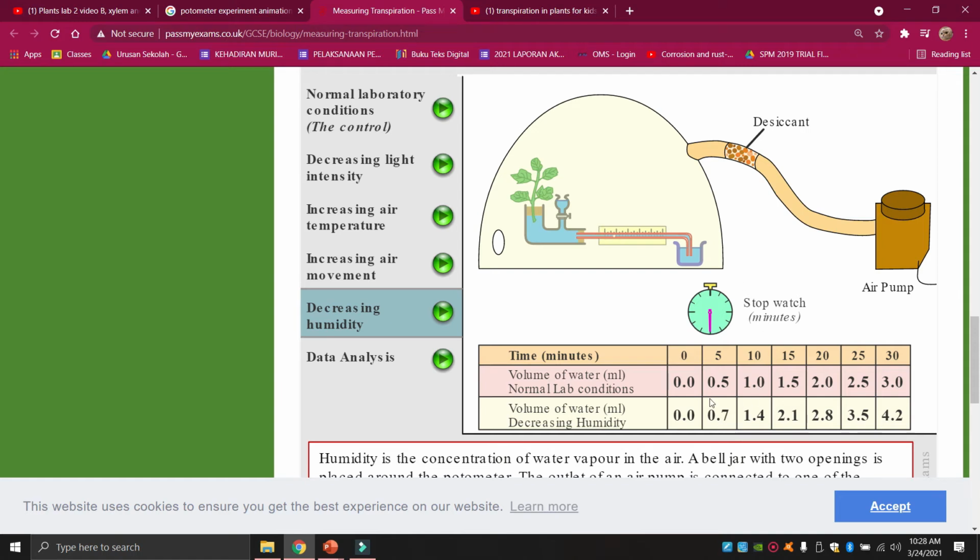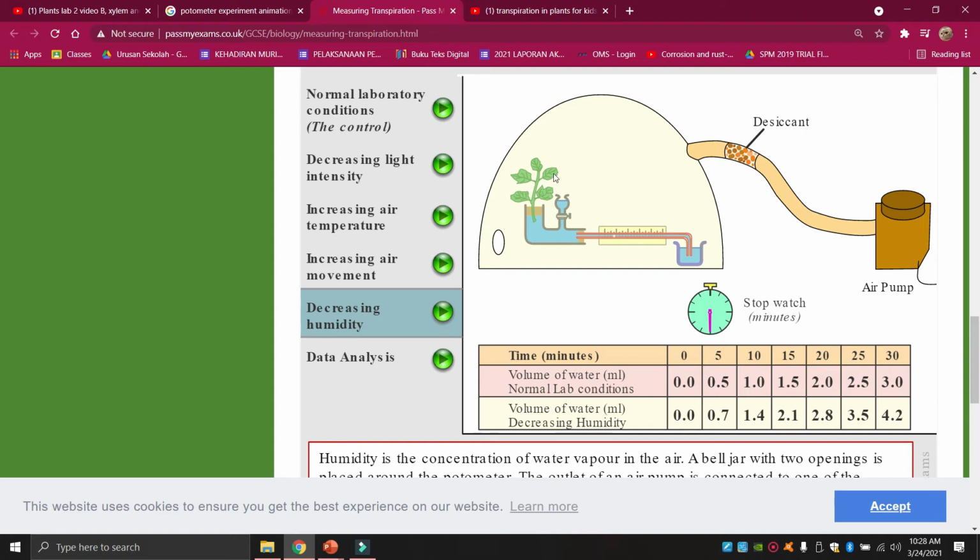You can see when the air humidity is decreasing, the volume of water is increasing. So when the air humidity decreases, the rate of transpiration is increased. Because the water will be lost to the surrounding, since there's no water vapor here, the water will be absorbed from the plants.